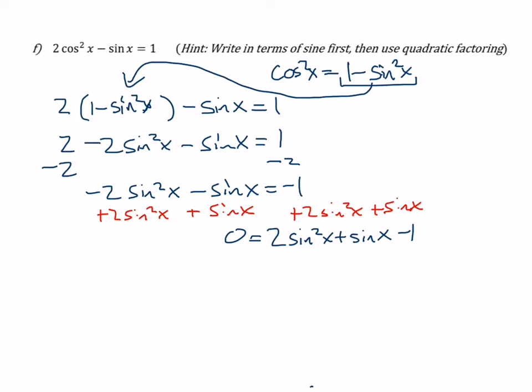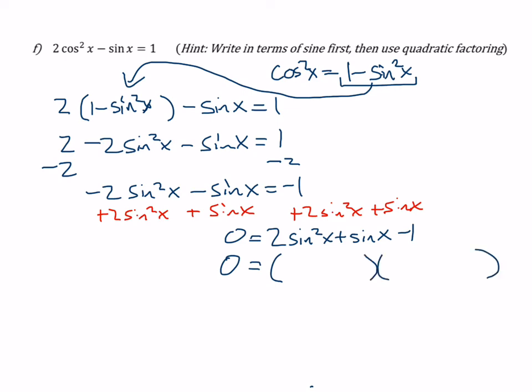All right, so this is in quadratic form. Notice that this is sine x squared and sine x. So we're going to factor this, kind of treat sine x as the variable, even though it's got a little bit more to it. Quadratic factoring.